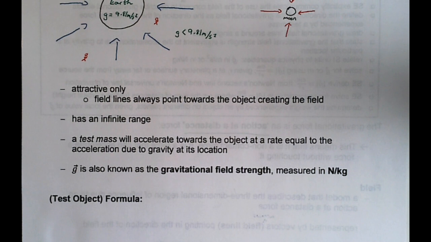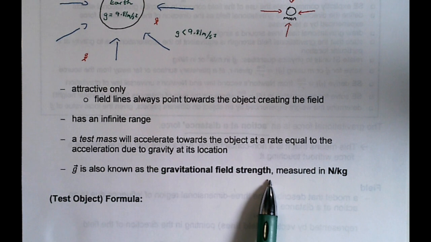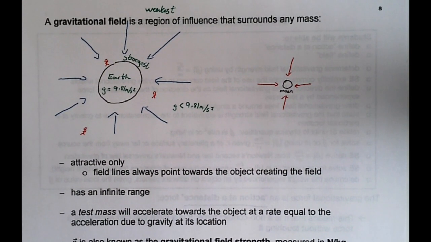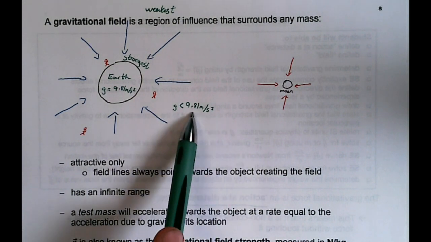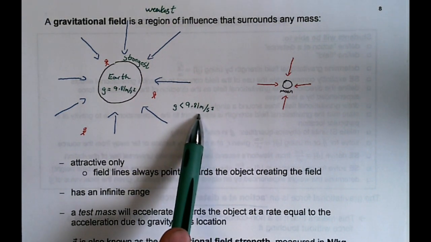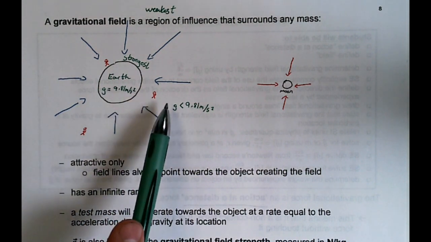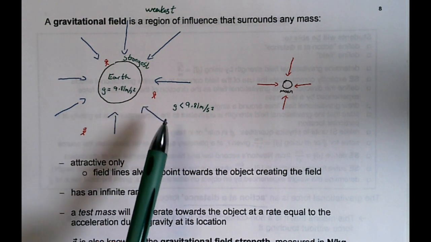The test mass will accelerate towards the object at a rate equal to the acceleration due to gravity at that location. g is also known as the gravitational field strength, measured in newtons per kilogram. Like I said before, it might not be in meters per second squared, it might be in newtons per kilogram. That's because the gravitational field strength is going to change as you get further away.